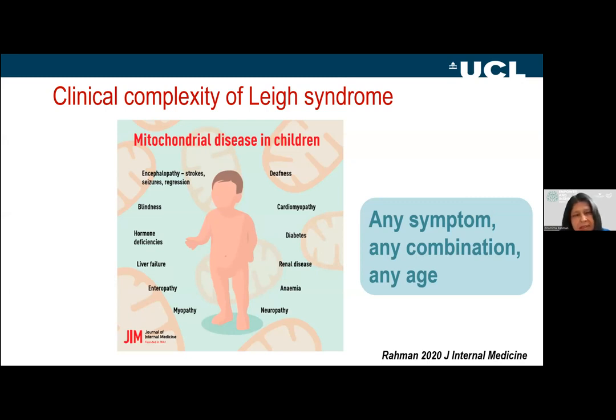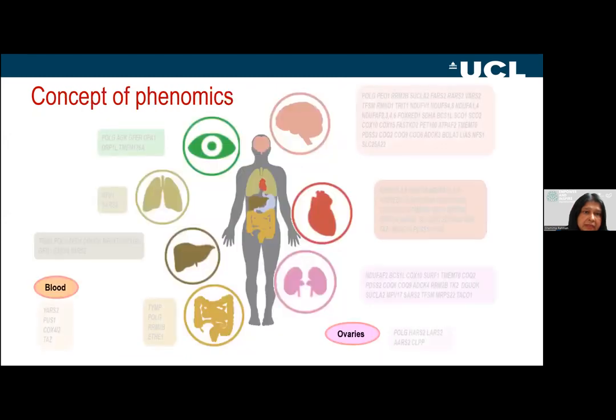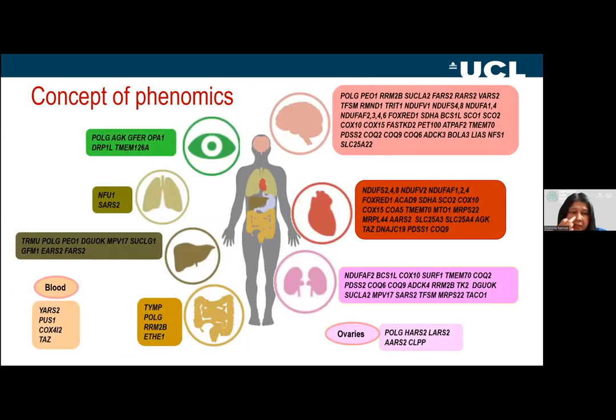I thought about turning this on its head and asking, could we actually use this complexity to try and expedite diagnosis for patients? So I'd like to introduce you to a concept of phenomics. And here I was just manually mapping out genes that were causing mitochondrial disease as they were discovered and linking them to particular organs that were affected most in those particular genes.